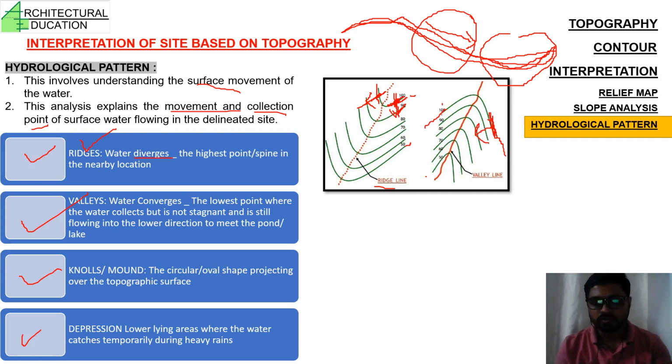Here also it will be going perpendicular to the contour line. If you extend this and check it over here, you will find that the water is actually converging. When the water is converging at one point, what do we call it? We call it valley. And when the water is diverging, we call it ridge. So here you can cross check it. Ridges are the ones where the water is diverging, going in two different directions, whereas valleys are the ones where water is converging.